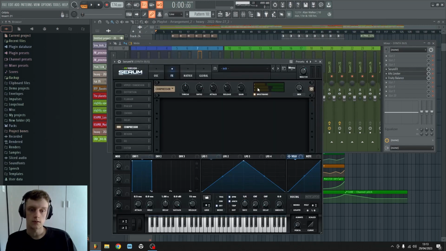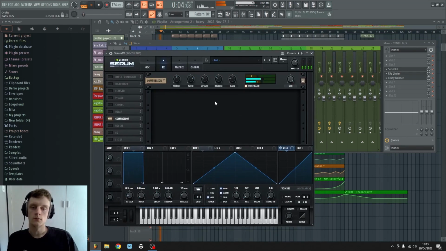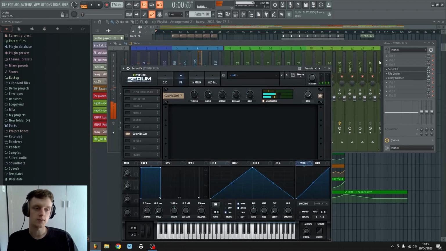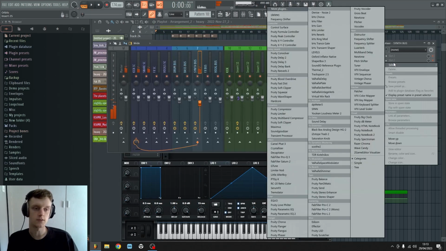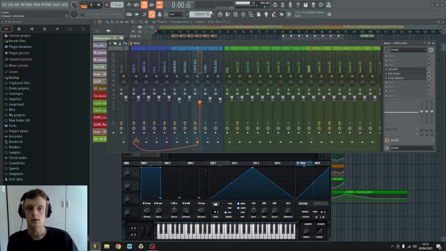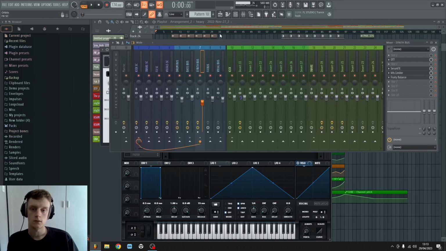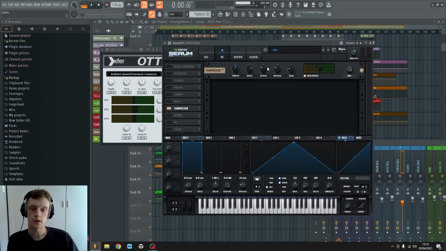Yeah, I find that interesting actually. I think I'll mention this. I actually used OTT on the whole synth bus. When I say OTT, I mean the in-house Serum compressor, because OTT is exactly the same as this multi-band compressor.